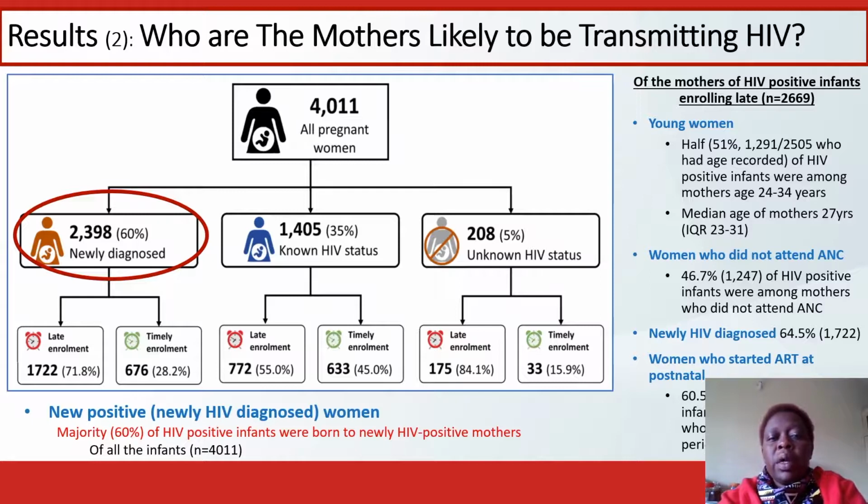Secondly, we looked at the mothers of the HIV positive infants who enrolled late, and these were the 2,669 infants, and we found that 51% of them were born to young women aged between 24 and 34 years. 46.7% did not attend ANC. 64.5% were newly diagnosed HIV positive mothers, and 60.5% were initiated on ART at postnatal period.